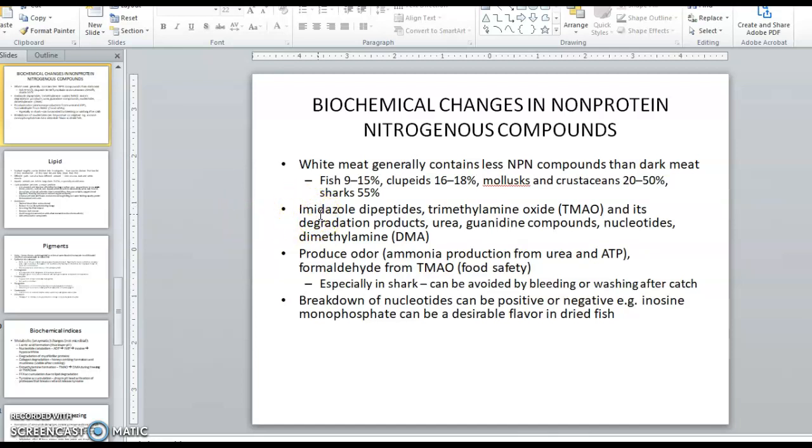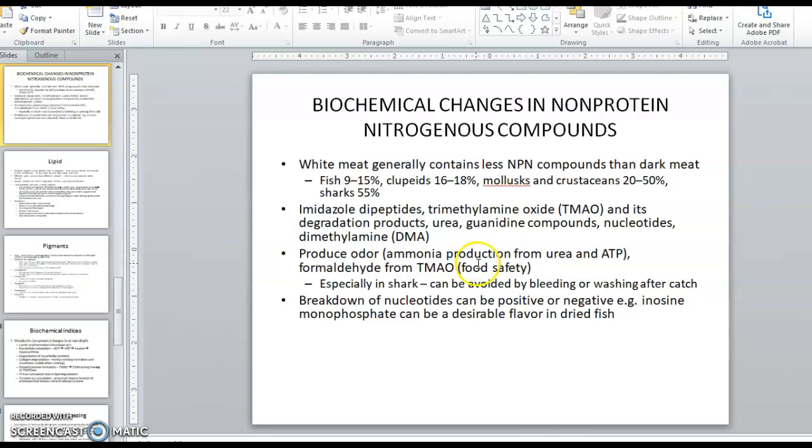The degradation of the NPN compounds can lead to the formation of many chemicals, for example imidazole dipeptides, TMAO, and its degradation products, for example urea, guanidine compounds, nucleotides, and DMA. You will see a lot of TMAO and DMA after this.